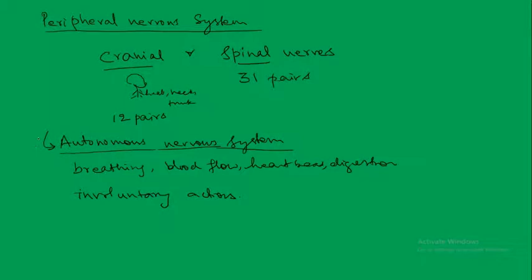Now it is interesting to note that the autonomous nervous system can be further divided into the sympathetic nervous system and the parasympathetic nervous system. This is just for your extra information.